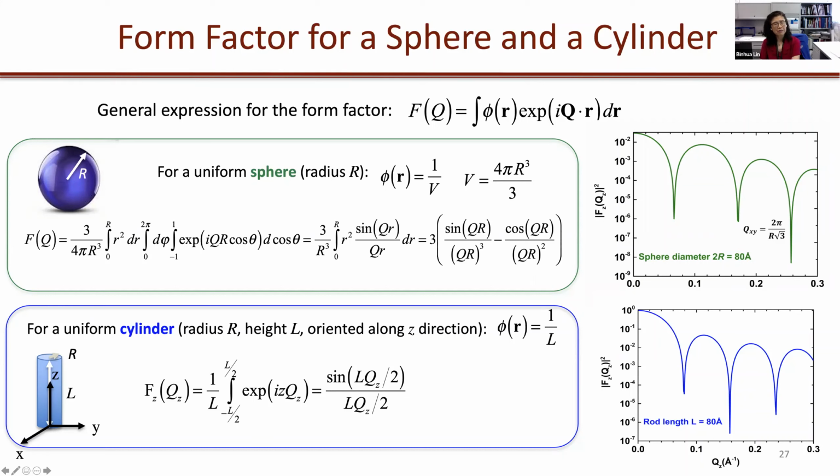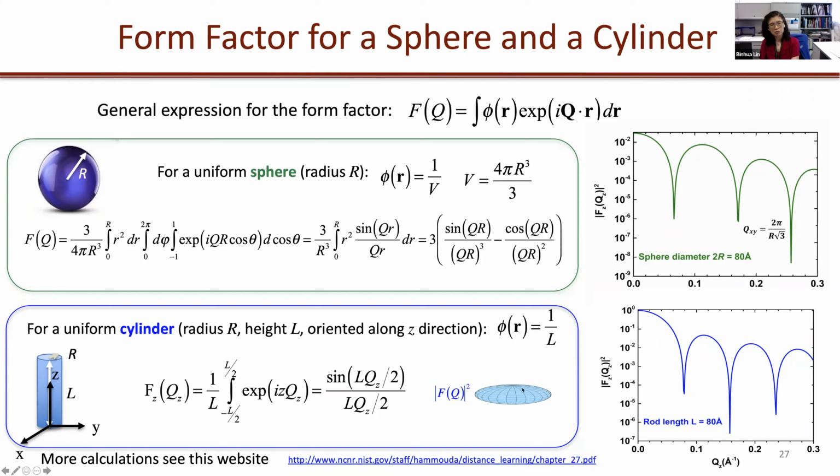If you have a rod that's tilted, meaning you have this oblate ellipsoid tilted, then the form factor along qz is no longer a perfect sinc, but has a component of the Bessel function. That's very complicated.